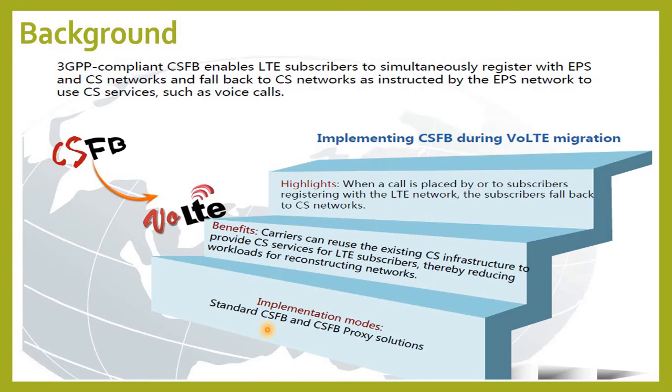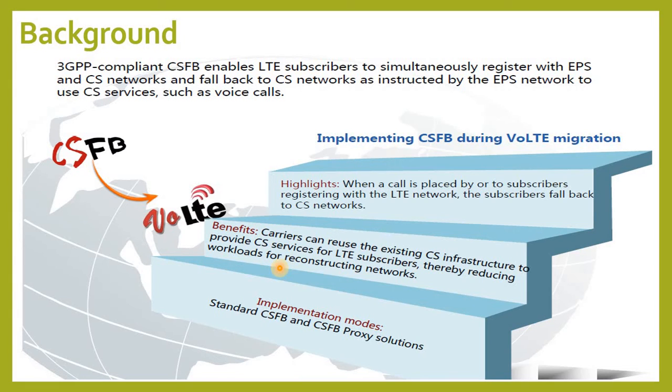So, what benefits are we actually going to get? The benefit of CSFB is that carriers can reuse the existing CS infrastructure to provide CS services for LTE subscribers, thereby reducing the workload for reconstructing the networks. As we all know, the 4G network is basically a data network. It is not meant for conventional CS services like voice and SMS.